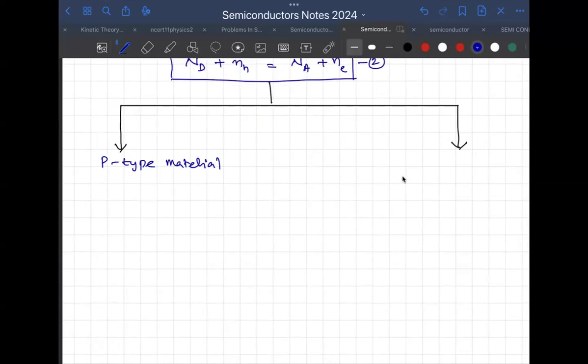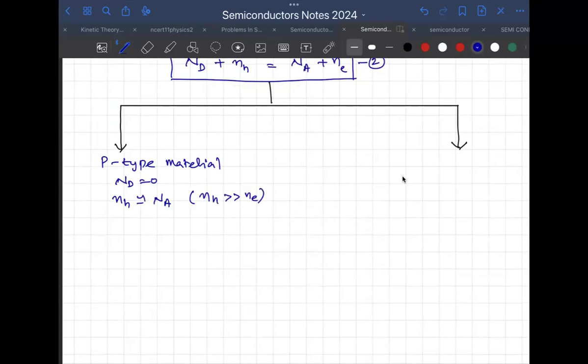In p-type there is only acceptor, it won't donate. Therefore, ND is almost zero, and the holes are almost the same as NA, because NH is much greater than Ne.